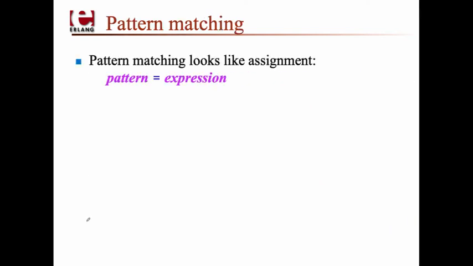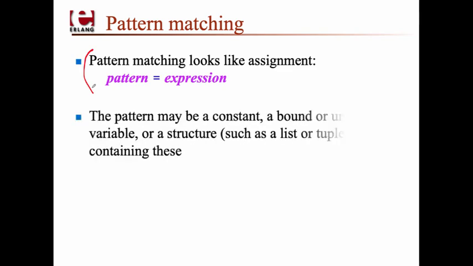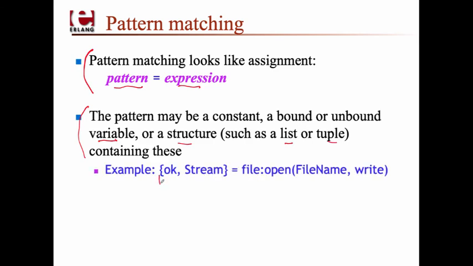You also have pattern matching in Erlang. This looks very similar to what we have seen in Oz, and also very similar to functional languages. So pattern equals expression. It can be a constant, variable, or a structure. And Erlang has lists and tuples. So here, for example, this is a pattern. We have the atom ok. We have the variable Stream. Notice Erlang has the same convention as Oz.